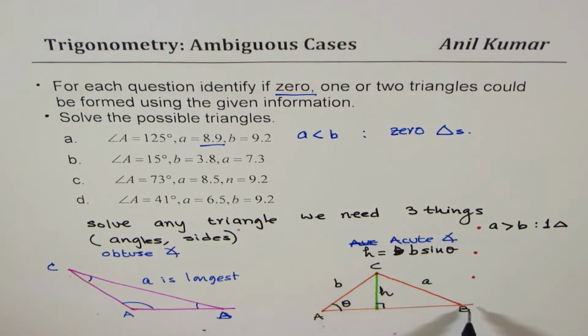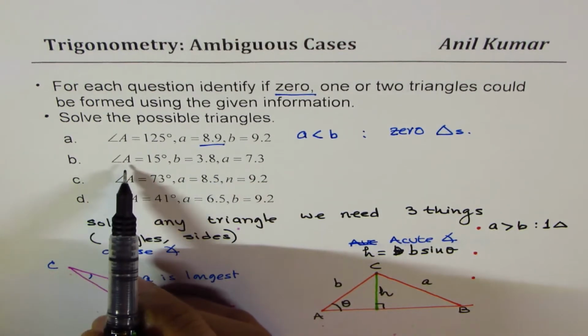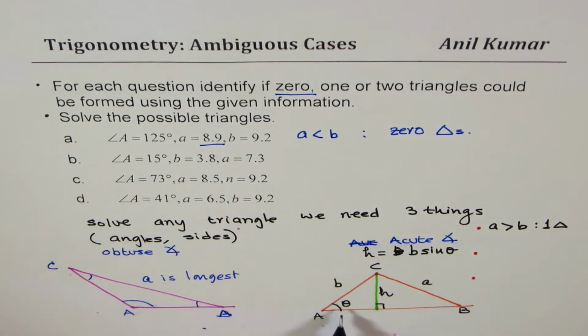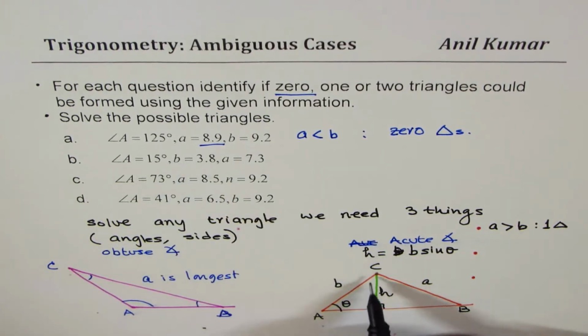Right? So this is too long, like shown here. If I go this side, I cannot make a triangle. That angle doesn't fit in. I have to go somewhere here only. So if A is greater than B, let's look into the second example. Angle A is acute, 15 degrees, and B is 3.8.